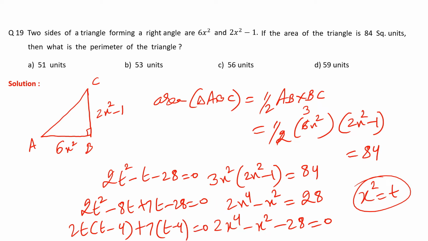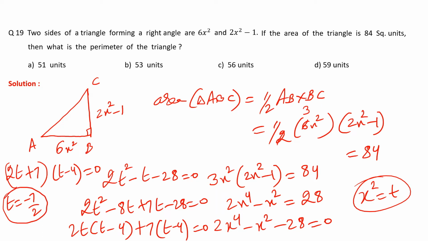So students, the factors come out to be (2t plus 7) into (t minus 4). From here we get t as minus 7 by 2, which is impossible because t is x², it cannot be negative. And another value we are getting is t equal to 4, which is correct, right?